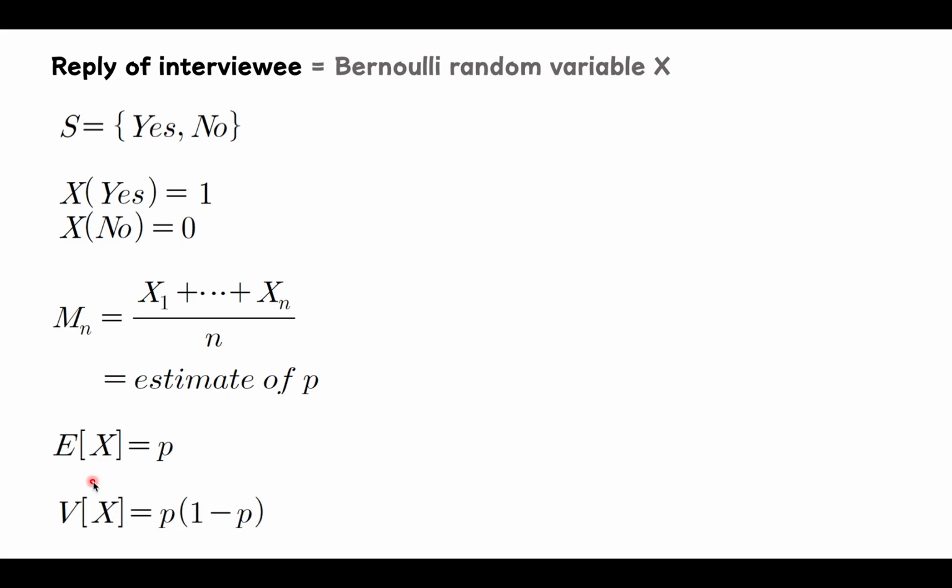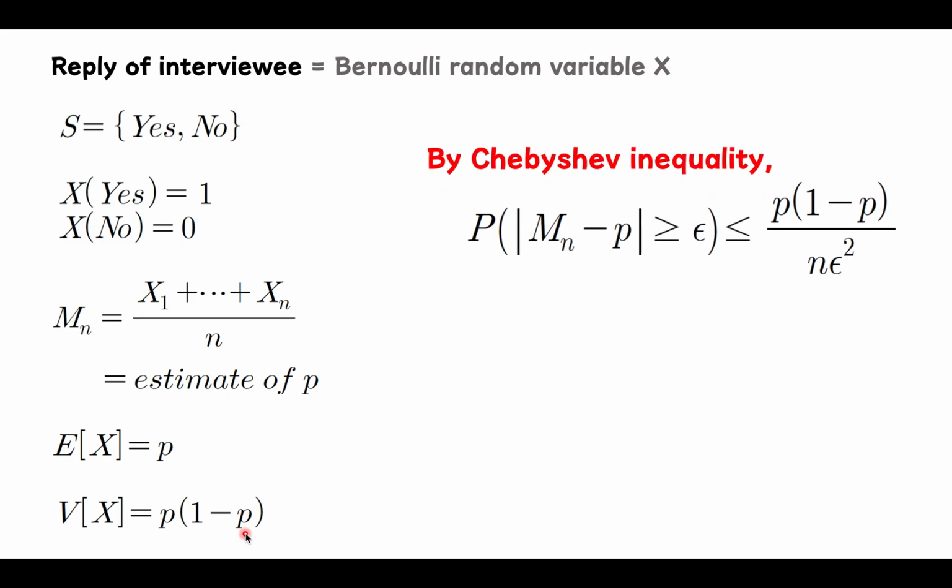So, a Bernoulli random variable X has success probability P and variance P multiplied by 1 minus P. Then, by the Chebyshev inequality, we can get this formula, and when X is known to take values of 0 and 1, we claim that the variance is like this.